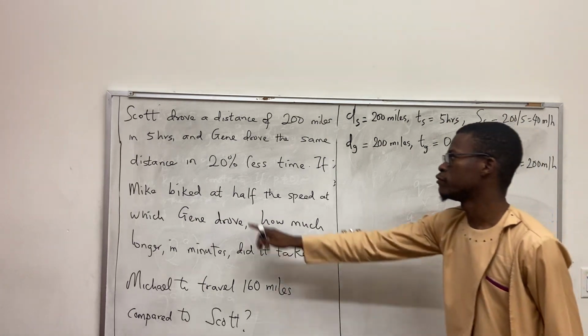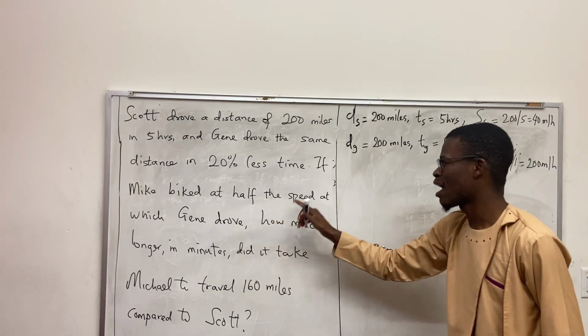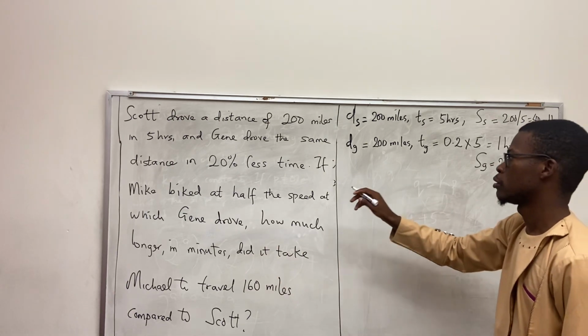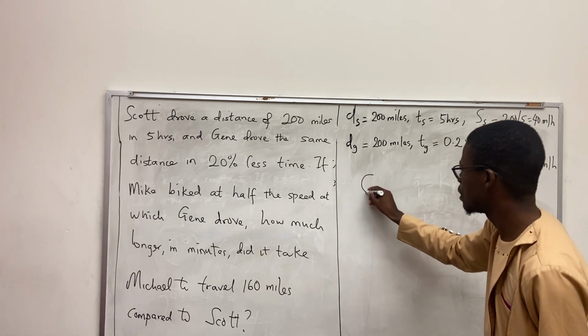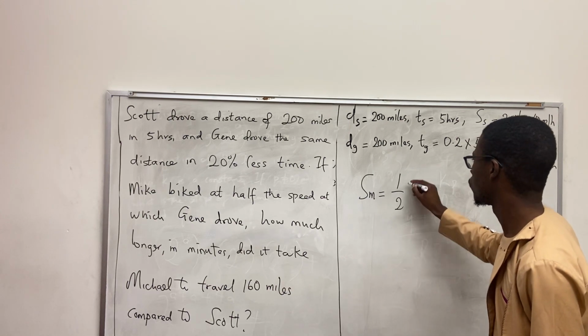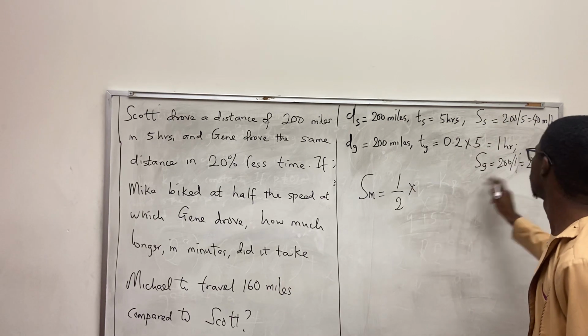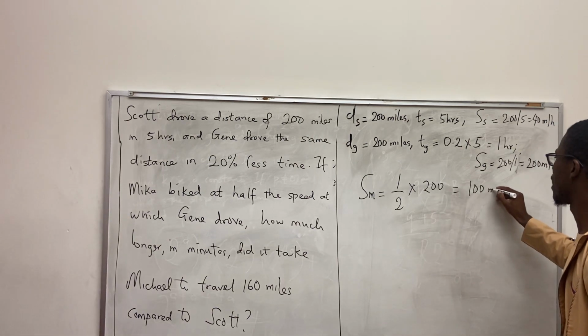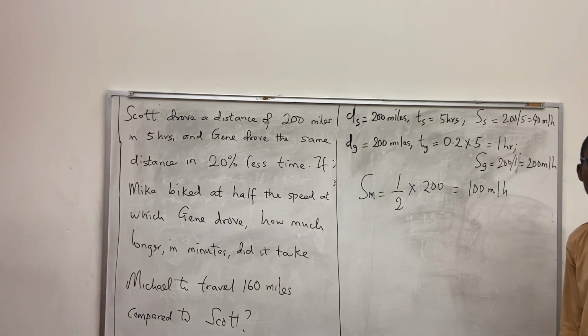So if Mike biked at half the speed at which Jean drove, what is the speed for Mike? It is equal to half of the speed of Jean, which is 200, which is what? 100 miles per hour. All right.